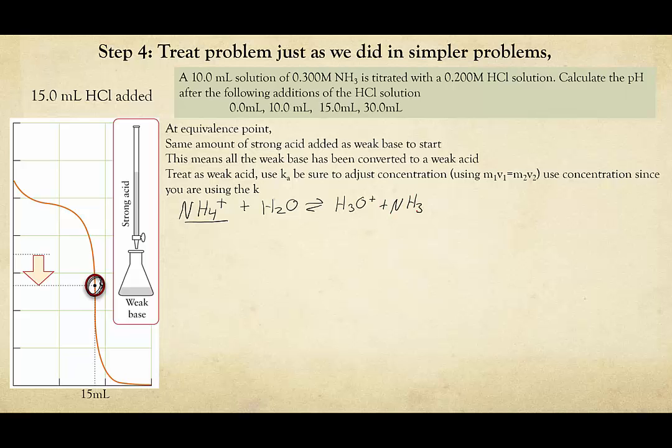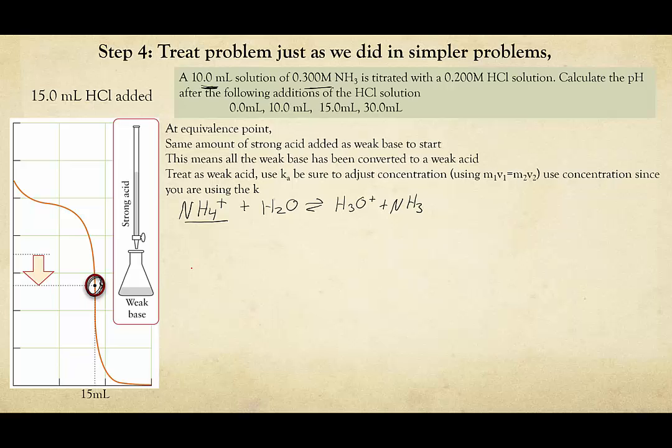When you go to make your ice chart for this, you need to be very careful to adjust for changing concentrations. When we started, we had a 10 ml solution and a particular number of moles of NH3. We still have that same number of moles of NH4+.